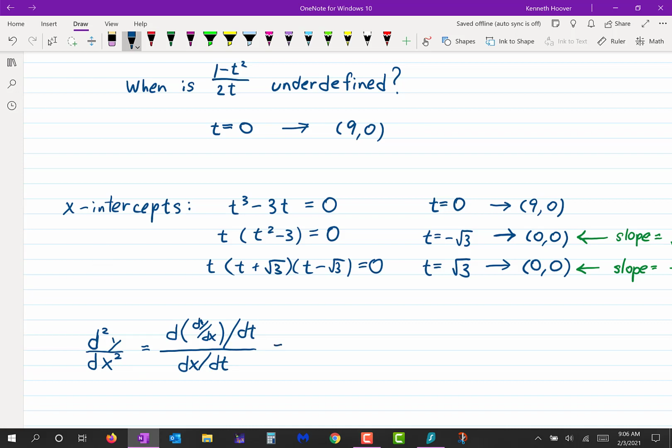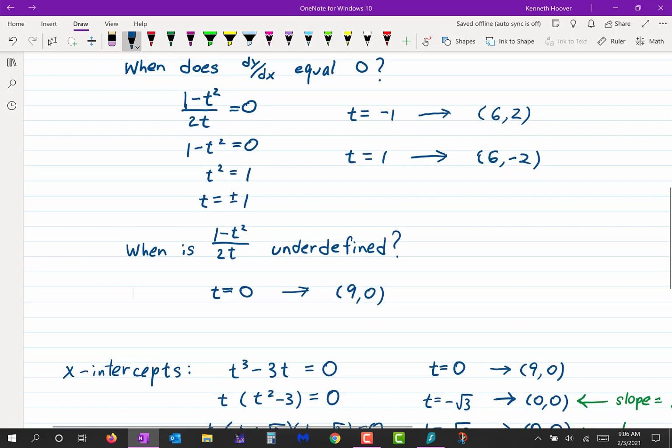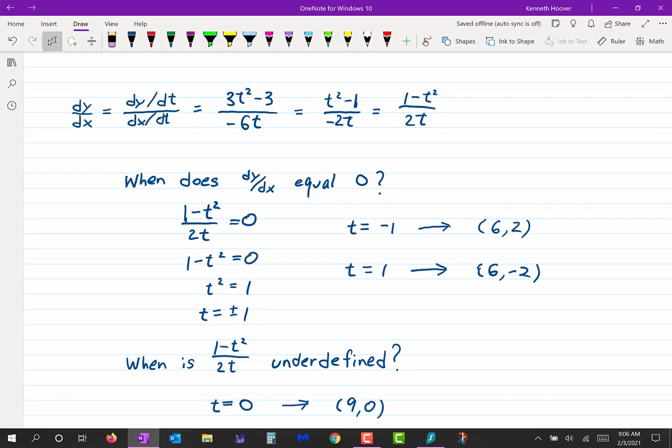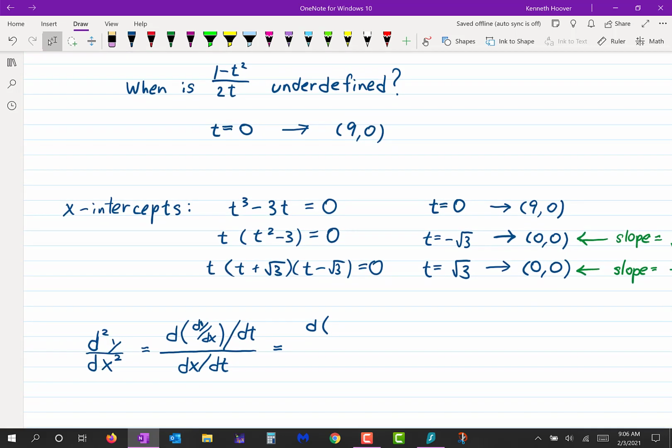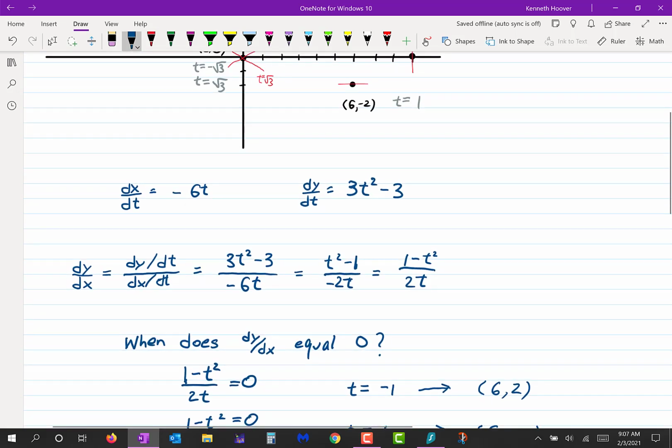Okay, so that means it's the derivative of, what's dy dx? 1 minus t squared over 2t. So we want to find the derivative of that with respect to t, and then divide that by the derivative of x with respect to t, which we already found. There's no need to work it out again. It's right there. dx dt is negative 6t.